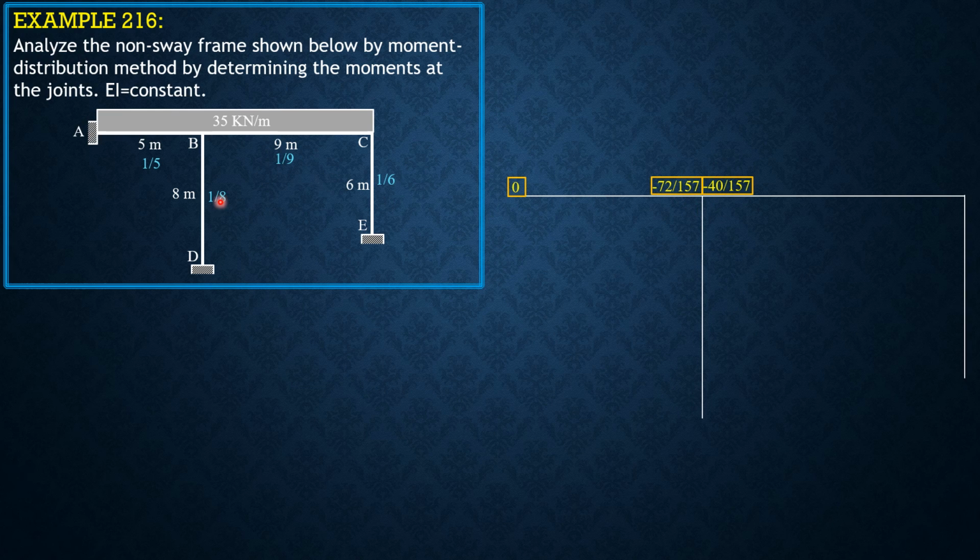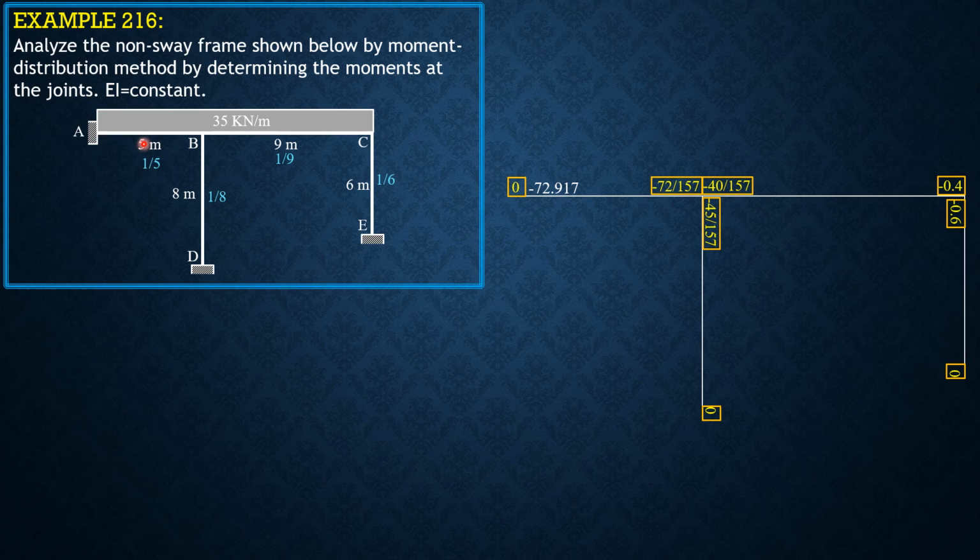Replacing 1 over 9 by 1 over 8, we'll have negative 45 over 157. Here, it's negative 1 over 9 divided by quantity 1 over 9 plus 1 over 6. So it's negative 0.4. Therefore, here it's negative 0.6. Then 0 and 0 here for fixed joints.